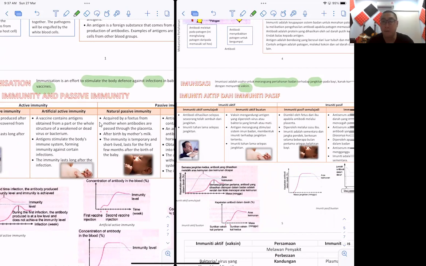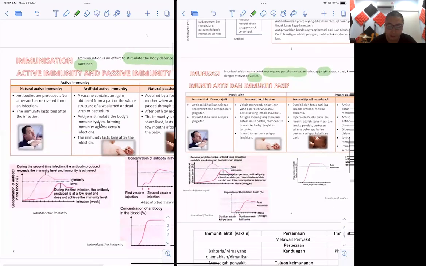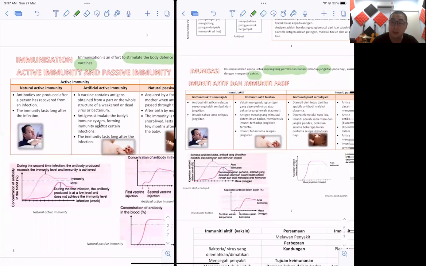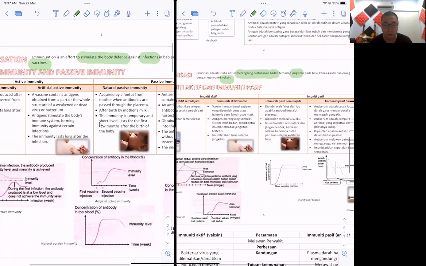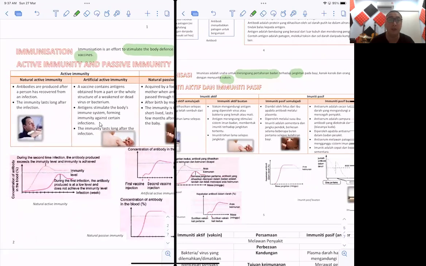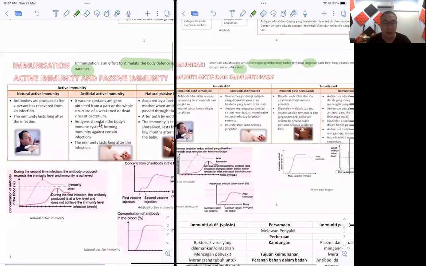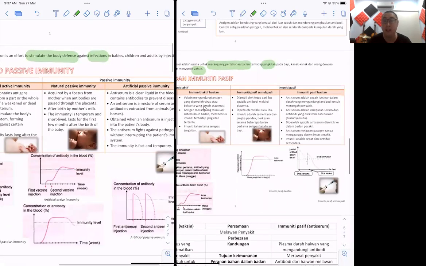Now, the difficult part about this chapter is that a lot of students don't really understand what you mean by active immunity and passive immunity. And in my class, I don't really like my students to memorize stuff. If you understand the whole thing, you actually don't need to memorize. That's what science is all about. It's all about evidence, and we need to understand it. So we have these two words: active immunity, or immuniti aktif in BM, versus passive immunity, or immuniti pasif in BM.